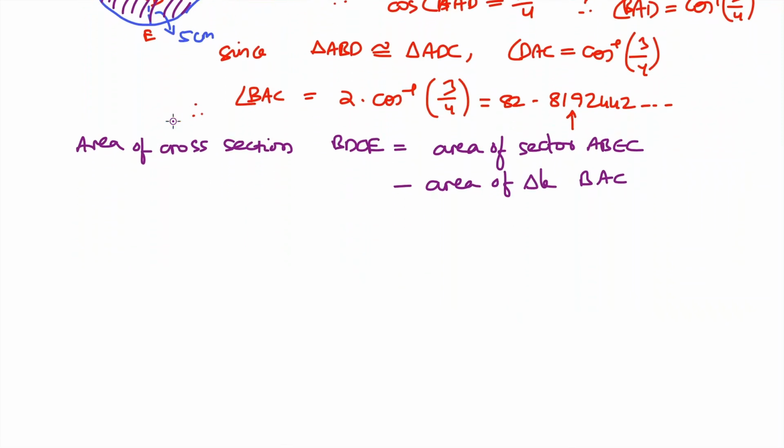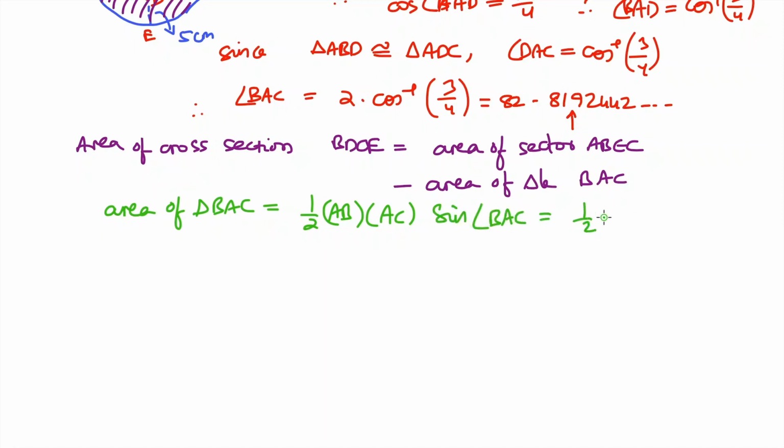So let us first find out the area of the triangle. So area of triangle BAC is equal to half into AB into AC into sine angle BAC. This is equal to half into 20 square into sine of 82.82, if I cut it to 2 decimal points.